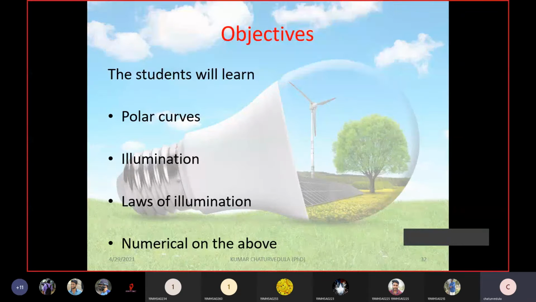Then loss of illumination. There are two types of loss. One is the inverse square law, the other is Lambert's cosine law. So we'll be discussing these two laws of illumination and some numerical problems on the loss of illumination.